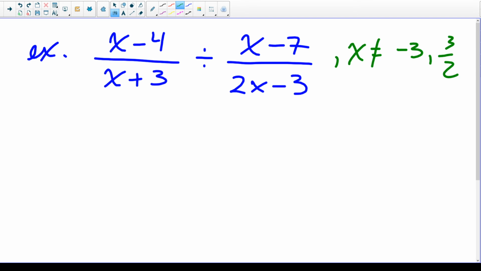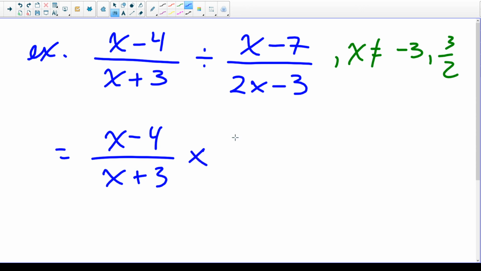What do we do when we divide by a fraction? What is the rule? Correct. We have to multiply by the reciprocal of the other fraction.